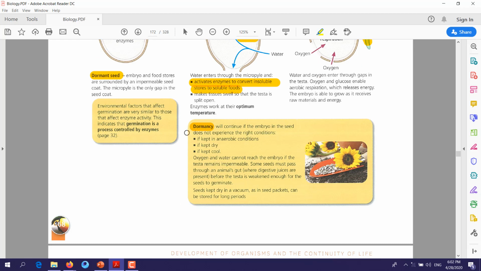A seed will stay dormant if kept in anaerobic conditions, if kept dry, or kept cool. If these three conditions are present, the seed will not grow, and we call it dormancy.